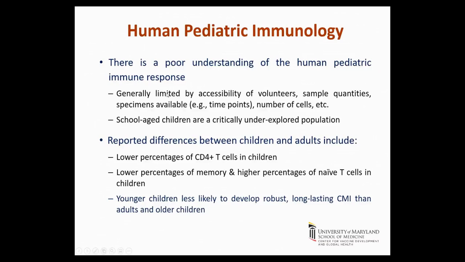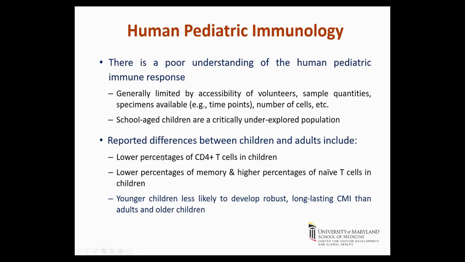Now, mass cytometry is one of those technologies that, because of its cell-sparing characteristics, makes the measurement of multiple parameters possible with a fewer number of cells. And this is particularly important in the study of pediatric populations in which the accessibility to cell numbers is very limited.